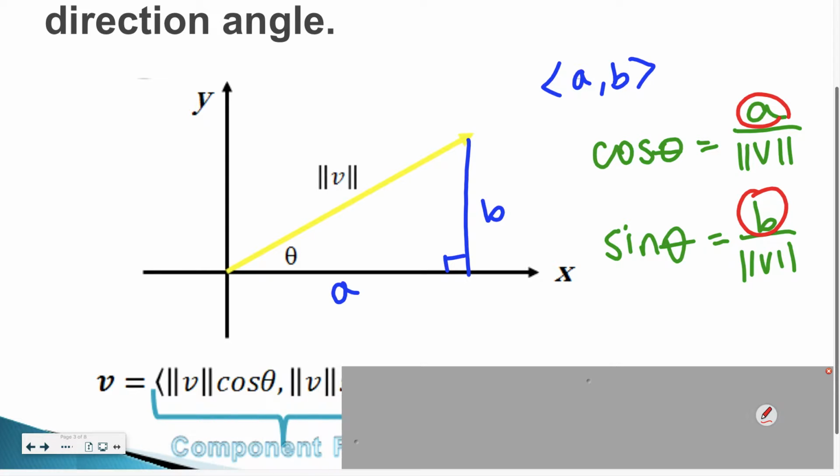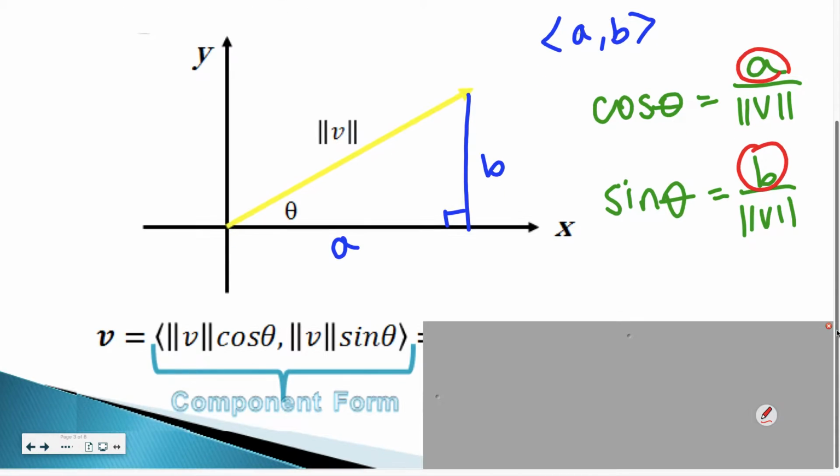Okay. So if we want our separate components, our horizontal component could be written as the magnitude times the cosine of our direction angle. And the vertical component could be written as the magnitude times the sine of the direction angle.